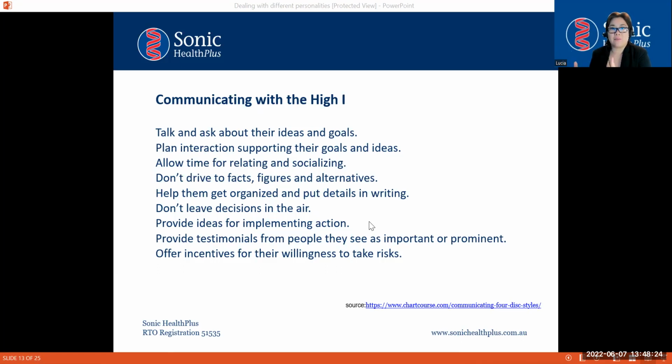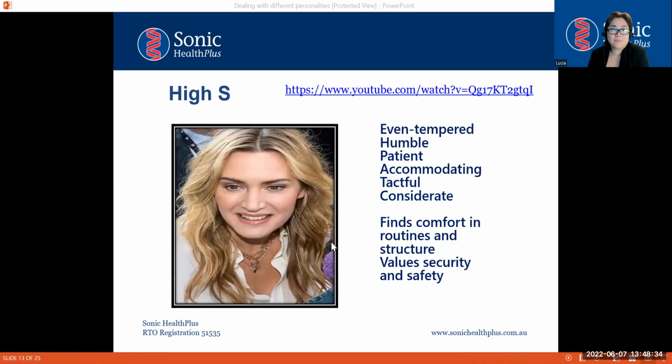So provide a picture for them on how it makes them look to other people and how more connected they will be to other people. Okay, because that's the reward they want to hear.